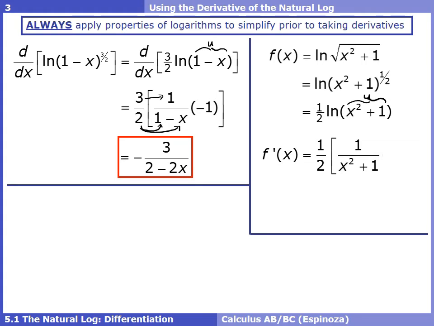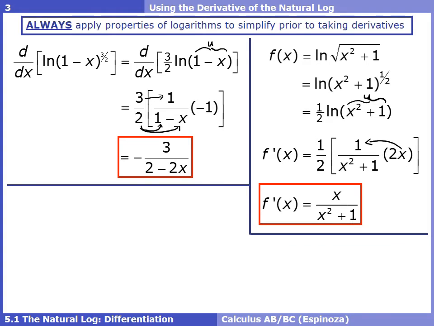Can't forget to multiply by u prime, the derivative of that stuff, and of course that's just 2x. If we move the 2 to the front with the half, that'll just disappear and become a 1, and of course that x we can multiply to the top with the 1. So our final answer just becomes x over x squared plus 1, and that is our derivative. That's our slope machine.